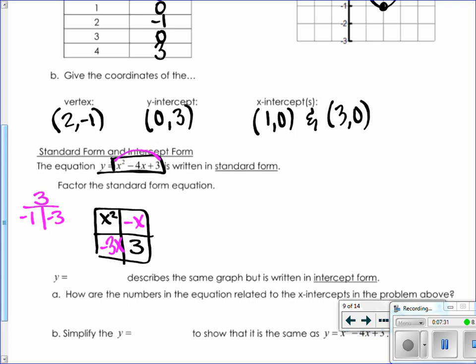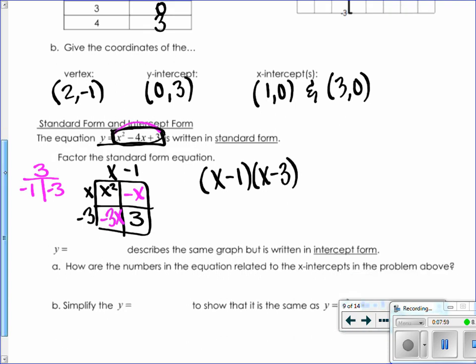So at the top, x -1, x -3. Remember factoring? Okay. So that means this is really this. Yes? Okay.